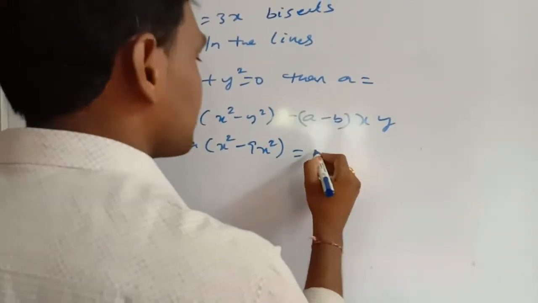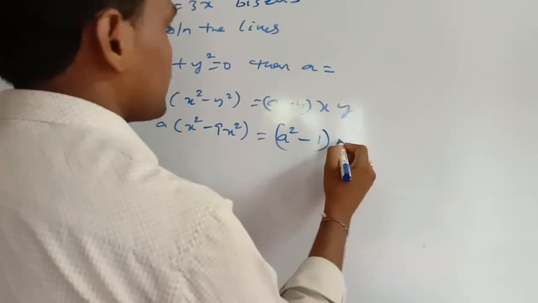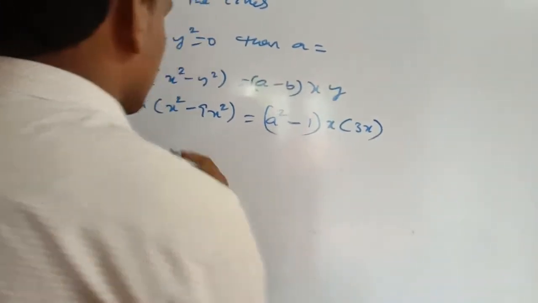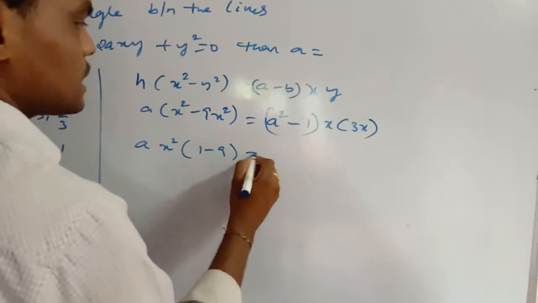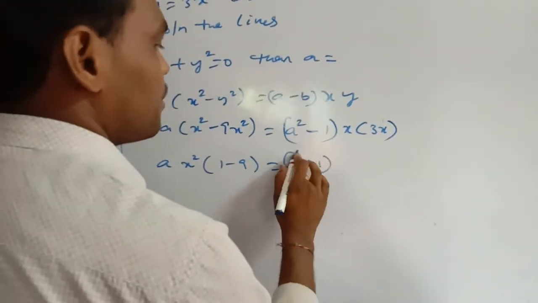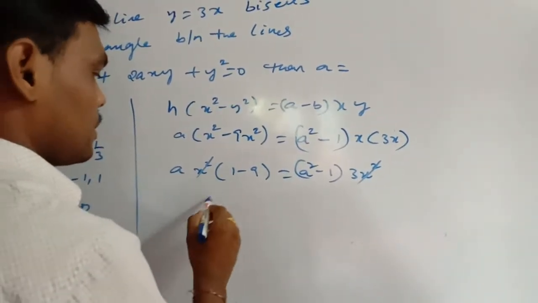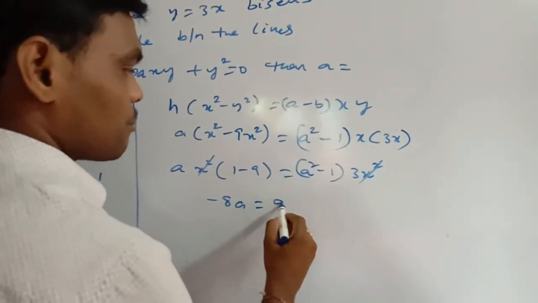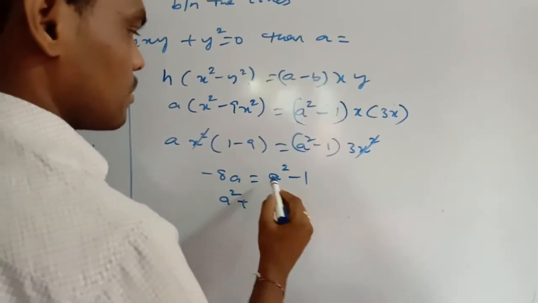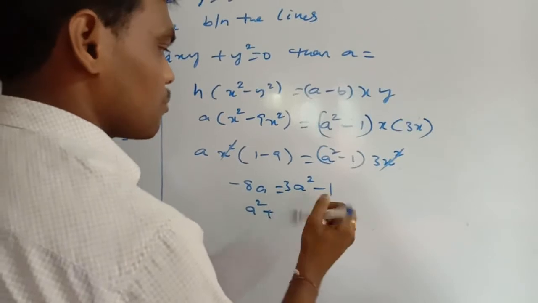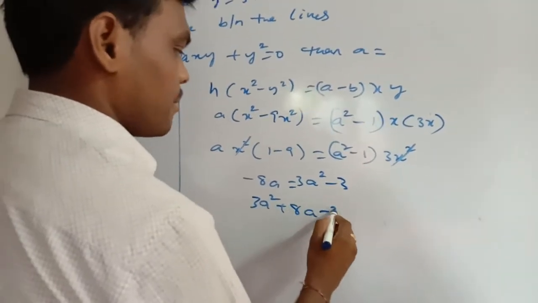So a into x square common, 1 minus 9, is equal to a square minus 1 into 3x square. Here x square is cancelled. Now this is minus 8a and a square minus 1. Now a square plus 8a, 3 into a, 3a square minus 3. So 3a square plus 8a minus 3 is equal to 0.